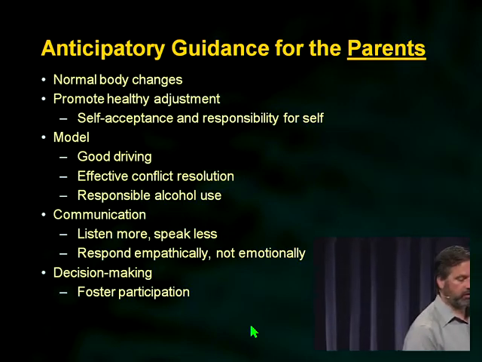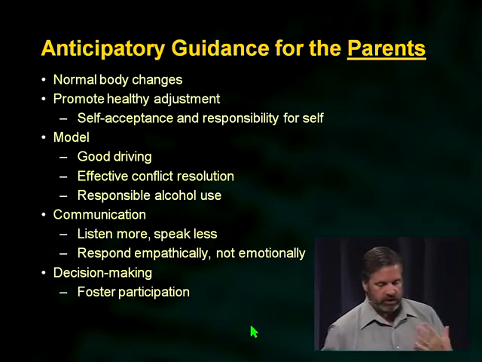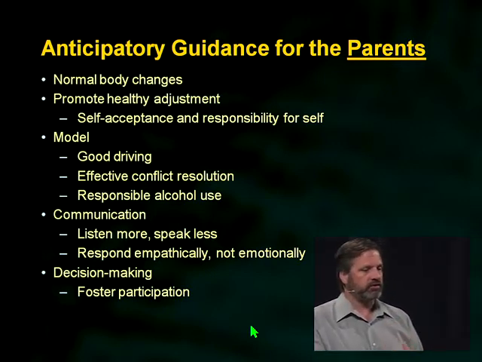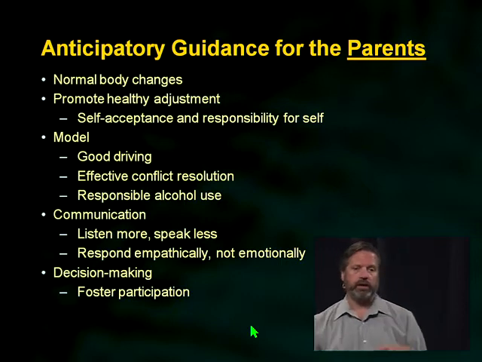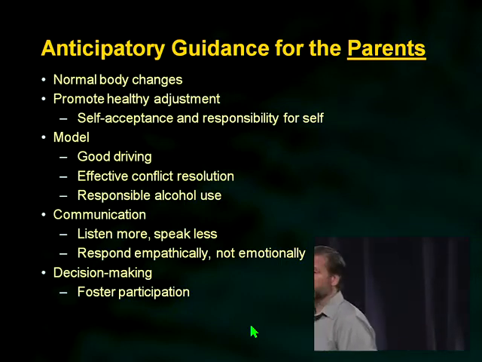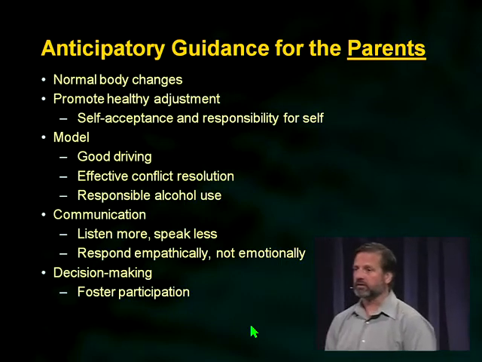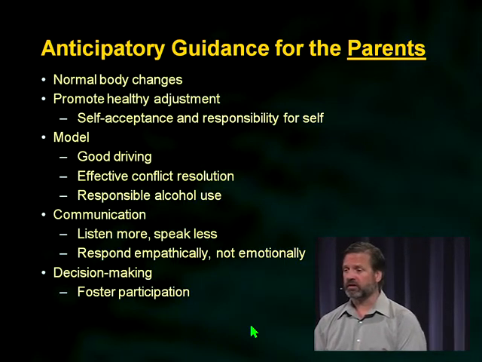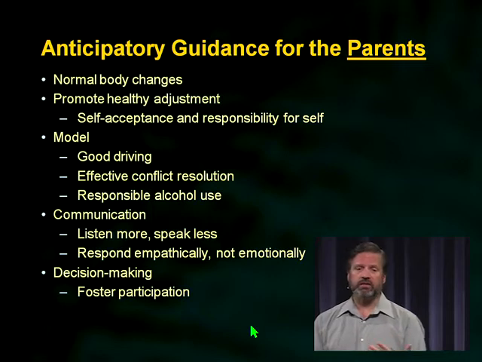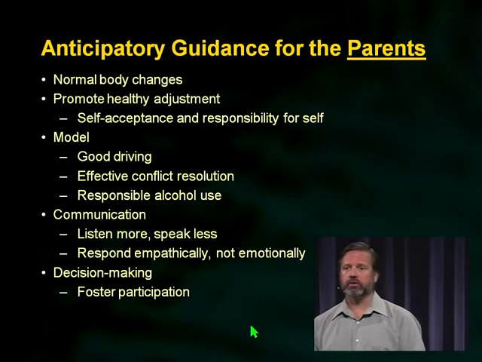Parents need to know that their kids are paying a lot more attention to what they do than what they say. And so how they model behavior is incredibly important for adolescents. And parents don't realize this, and I think you need to bring it to their attention. It's things like, how do the parents resolve conflict? How do they handle anger?